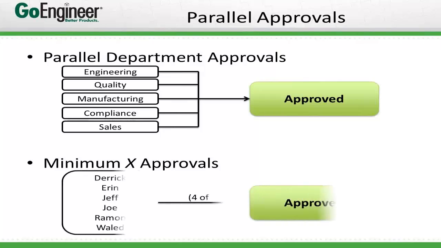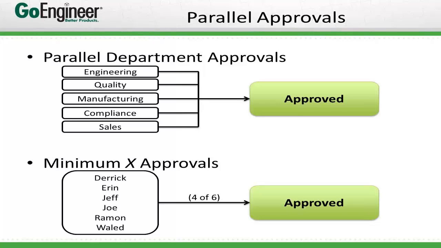The second one to consider is when we require a certain number of approvals, or X number of approvals, from a larger pool of potential approvers. So in the first case, each group, engineering, quality, manufacturing, compliance, sales, whoever, may have multiple individuals that are capable of signing off for that department, but only one sign-off is required per department.